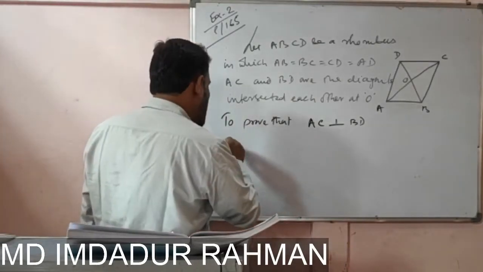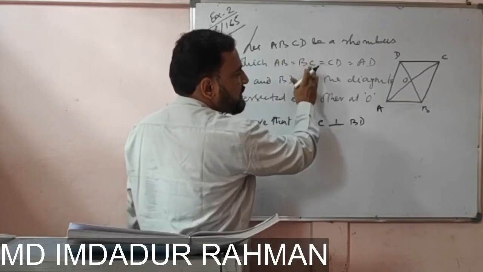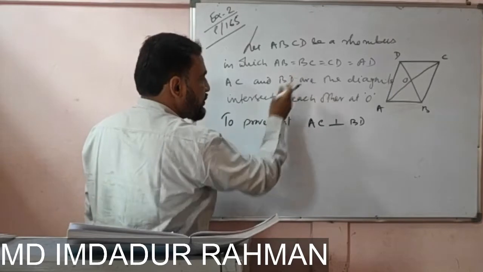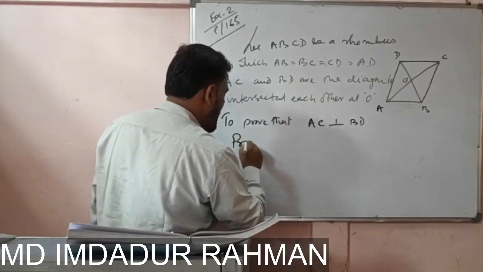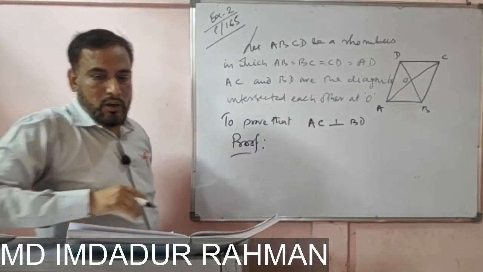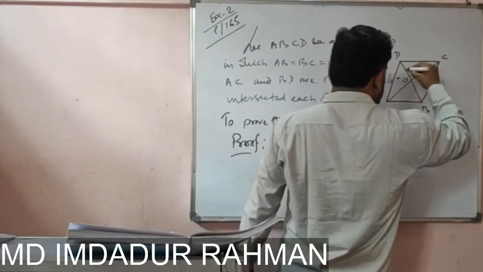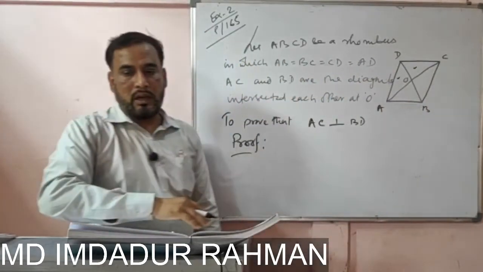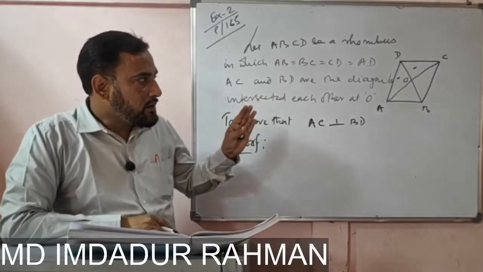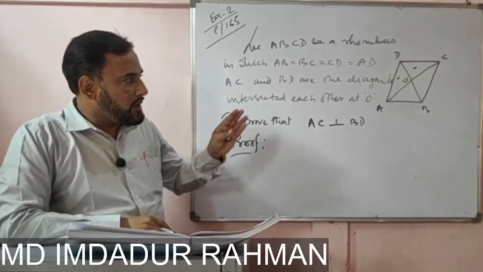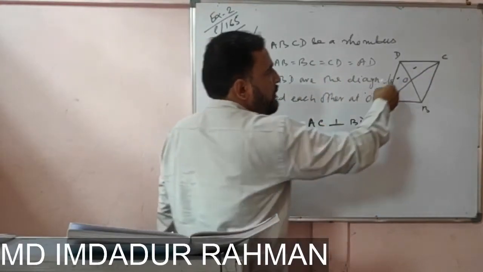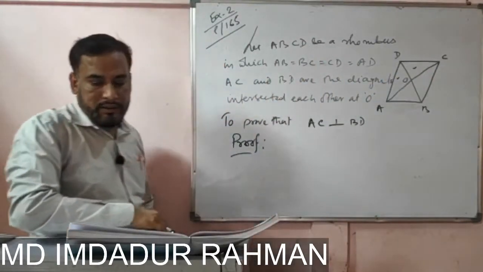The construction part is already included in the given part. Now we are proving. To prove this, we will consider two triangles, this triangle and this triangle. You have to remember how the procedure is going. For this, we will consider this, because we will have to show perpendicular.